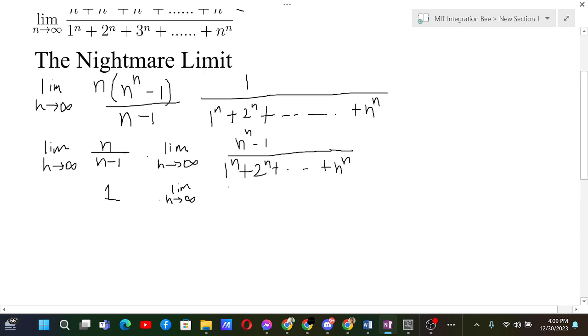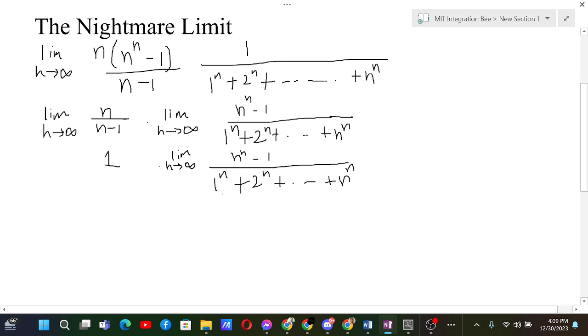Now we will have the limit as n goes to infinity of n to the power n minus 1 by 1 to the power n plus 2 to the power n, and so on. The next thing we can do is divide numerator and denominator by n to the power n, so that the limit will be further simplified.